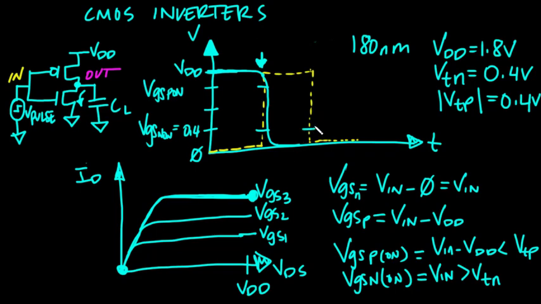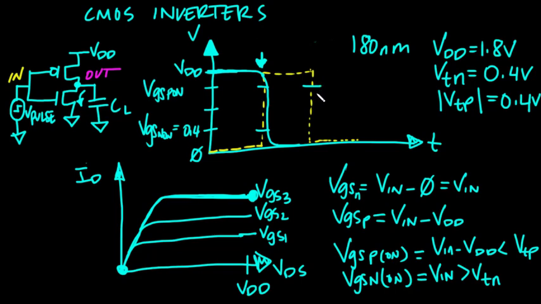So again, I'm just going to draw horizontal lines. This time, because we're tracking the input voltage going from left to right, the input voltage is going to drop from VDD all the way down to ground. And as the input voltage drops from VDD closer to ground, this point in time right here is when the PMOS device turns on.